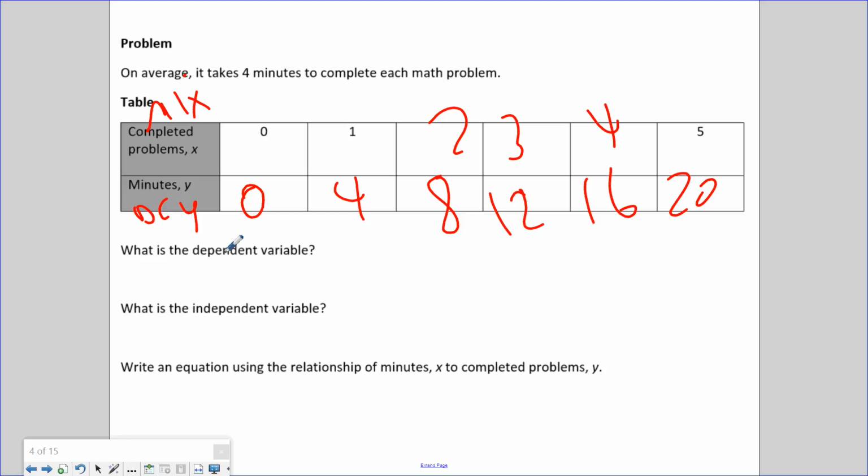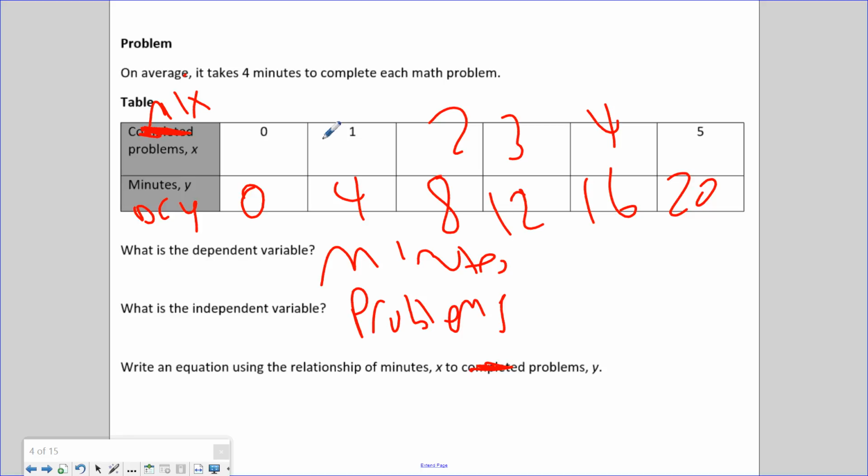So what is the dependent? The dependent is the minutes. The independent is the number of problems. Write an equation using the relationship of minutes to problems.